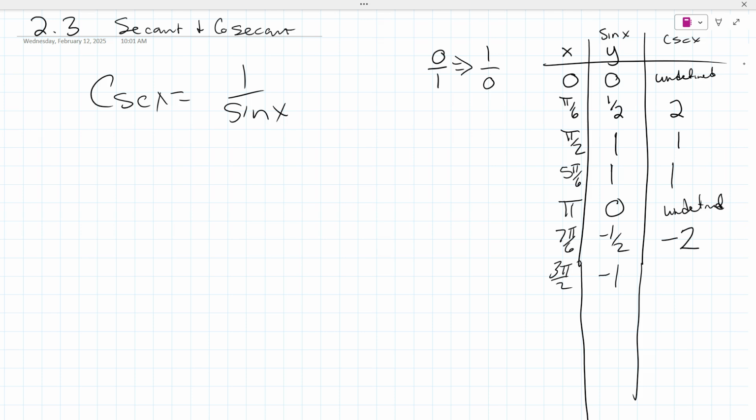Negative 1. What's the reciprocal of negative 1? Negative 1. 11 pi over 6. What's the sine of 11 pi over 6? Negative 1/2. What's the reciprocal of negative 1/2? Negative 2. Hopefully this is enough information to help us graph this.